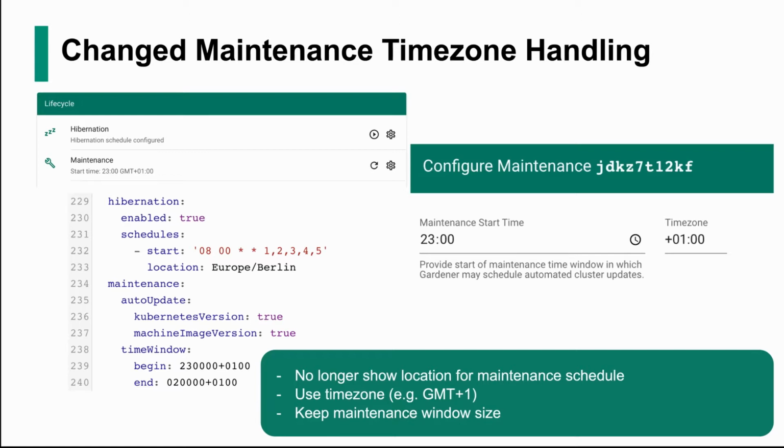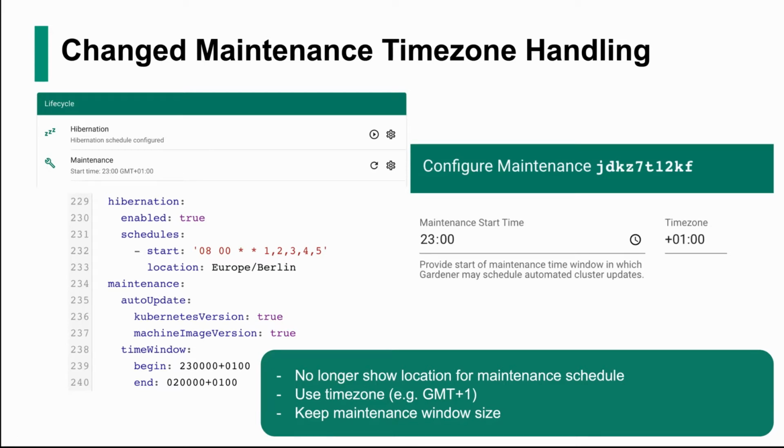And you can see that in the hibernation section, we have the possibility to define a location, while in the maintenance section, we can only set a time zone or an offset to UTC.